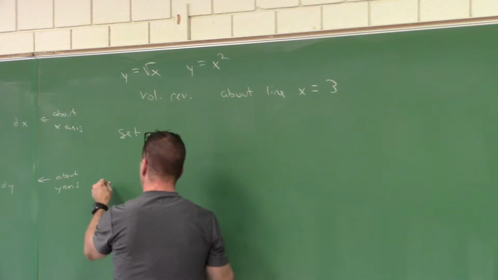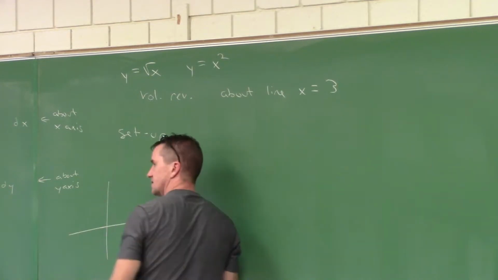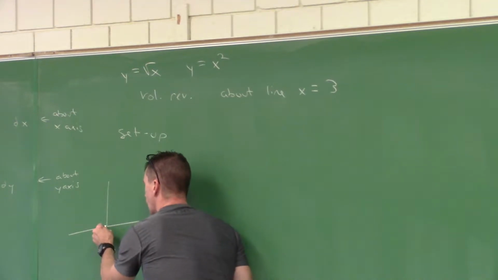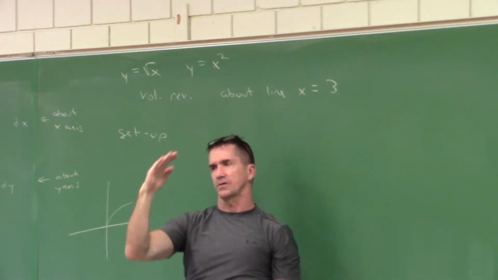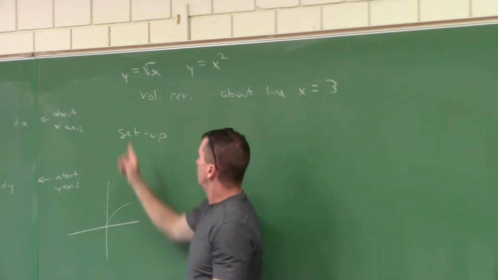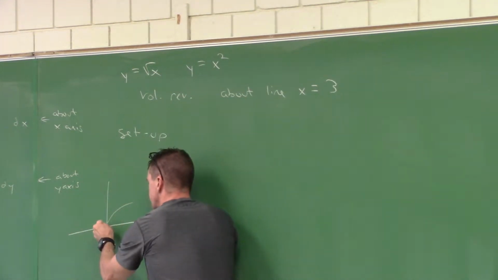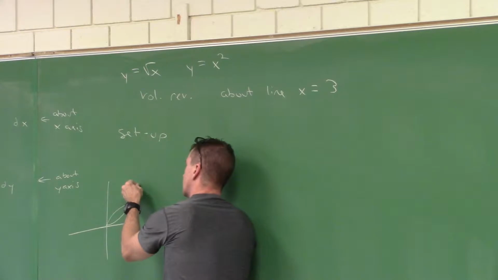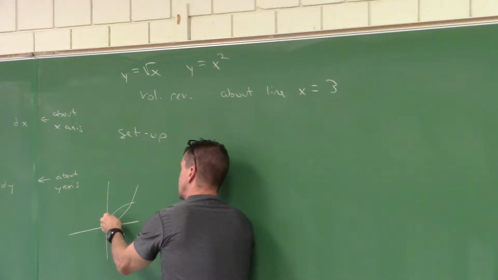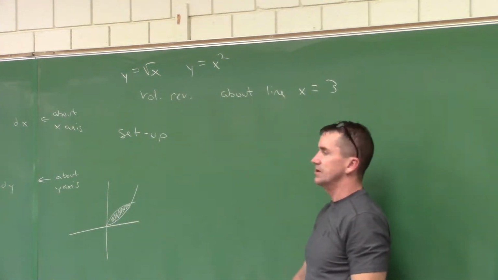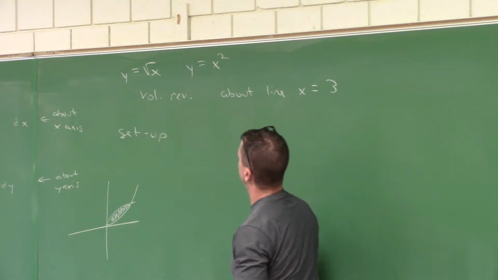Let me set that up. Well, we always draw a picture first, right? Square root of x goes like that, curved like that. y equals x squared, parabola, right? Eventually they do intersect. So there's that region we're talking about.